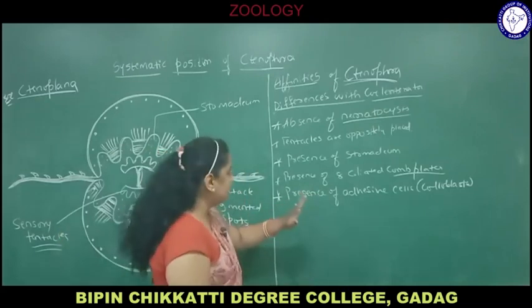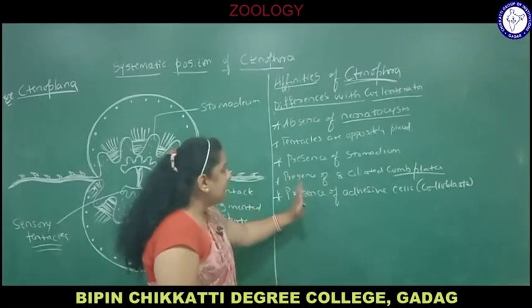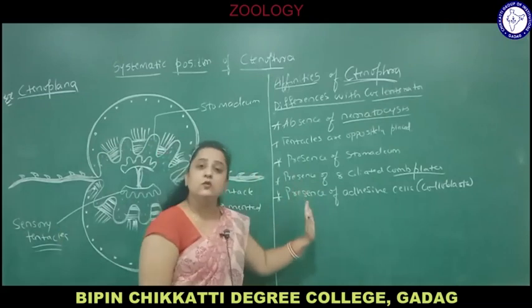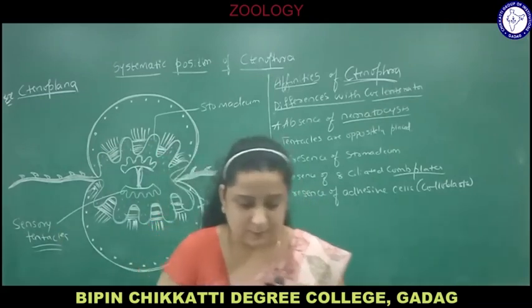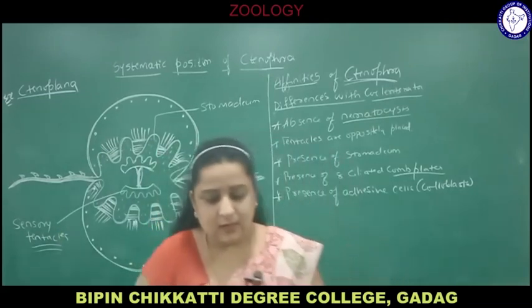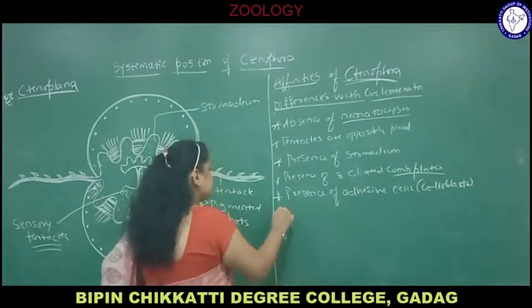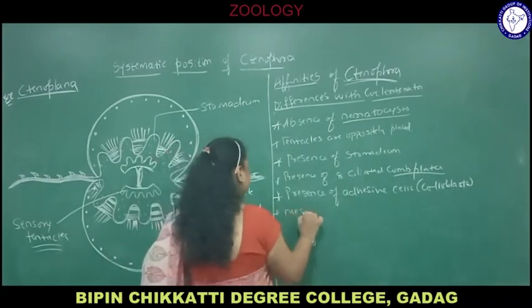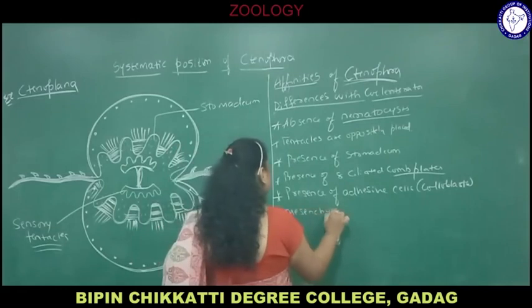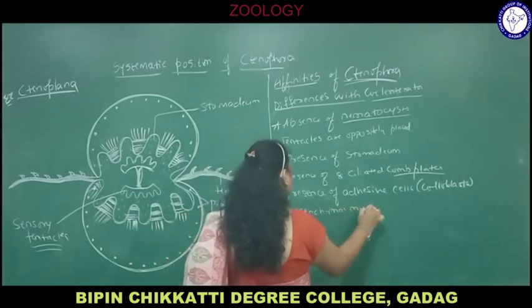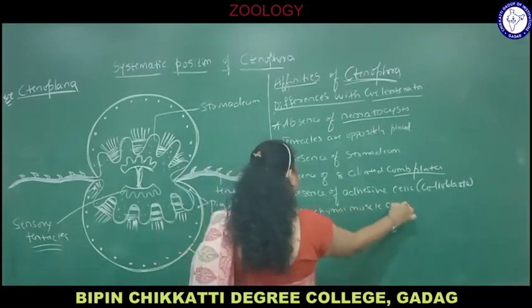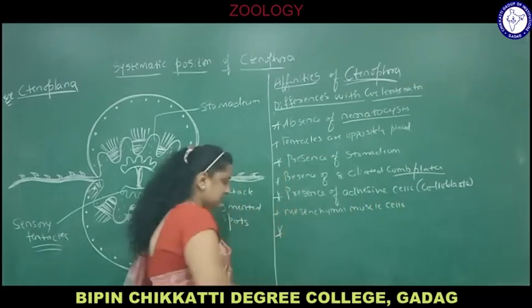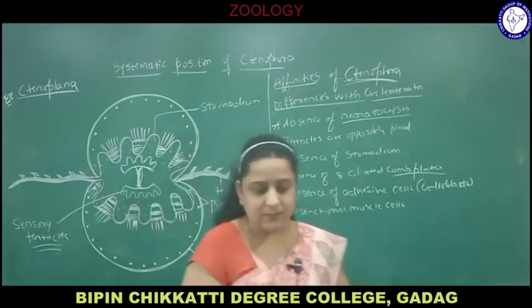So once again, remember, these are the characteristics present only in Ctenophora, but not in Cnidaria. Next, presence of mesenchymal muscle cells. There are so many characteristics; I am telling you a few of them.